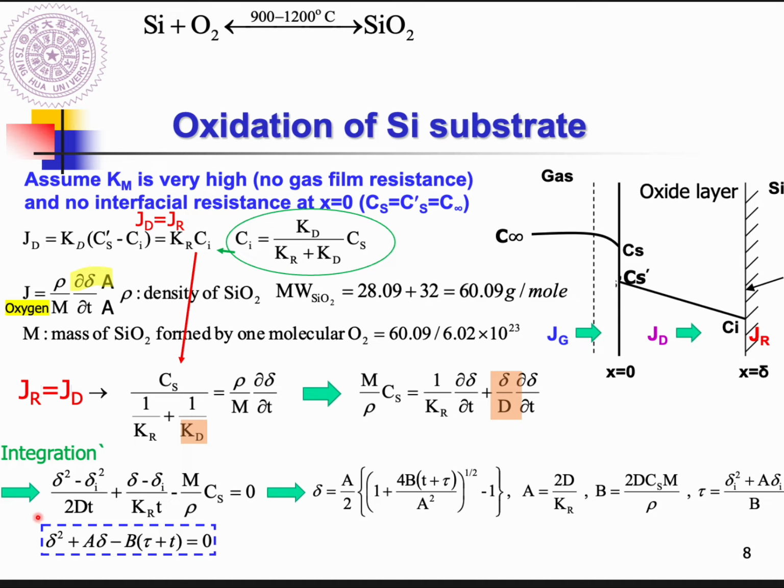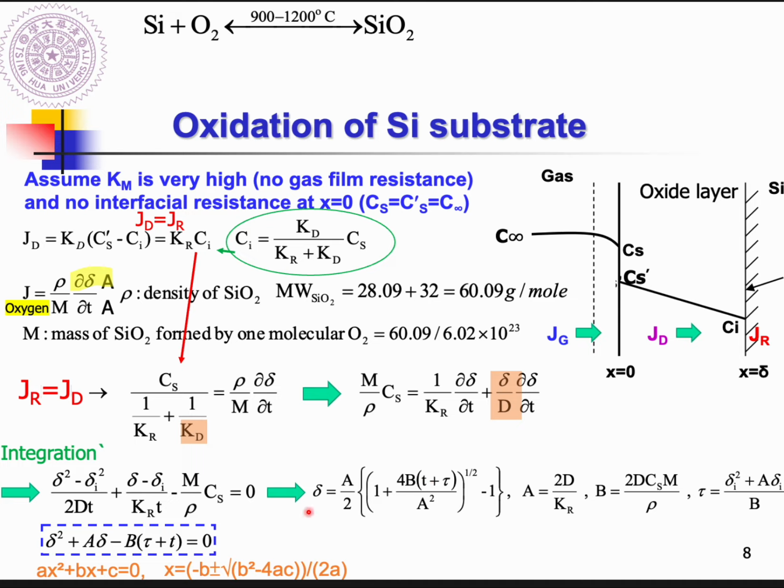As you know, the silicon substrate always has a thin layer of native oxide, so the thickness will be the delta I. So based on these equations, we can compare with this typical equation, and you can get delta expressed like this, and inside we have A, B, and tau shown like this. So delta is the thickness of the silicon dioxide layer, a measurable one, and T is the time.